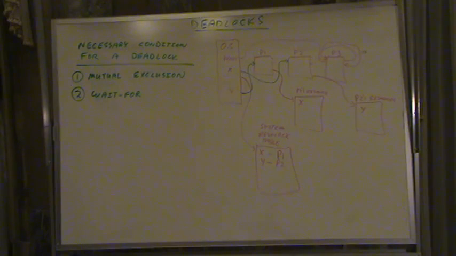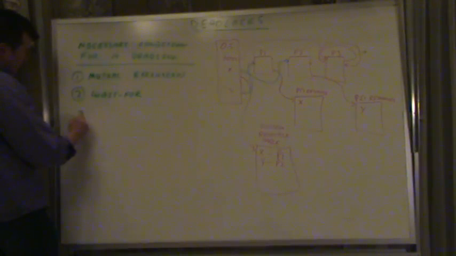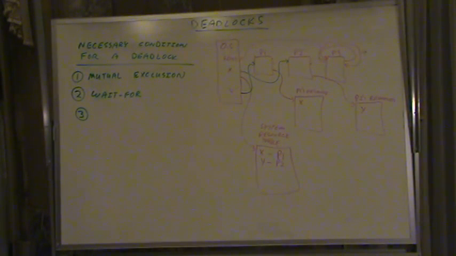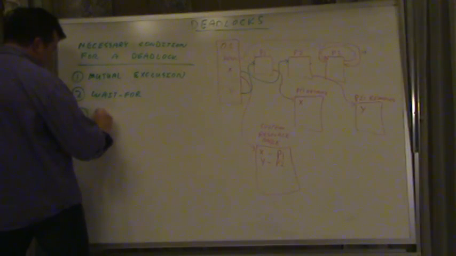Our operating system would have to allow the wait for scenario. That means you're holding one resource while waiting for another one. The third condition our operating system would have to have for there to be a possibility of a deadlock occurring would be if the operating system had no preemption.